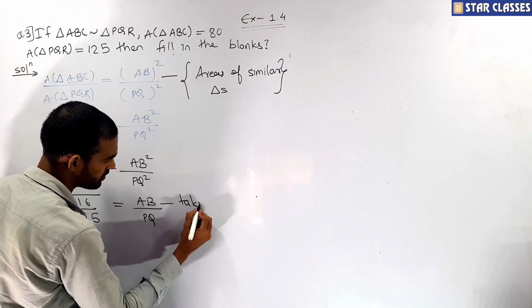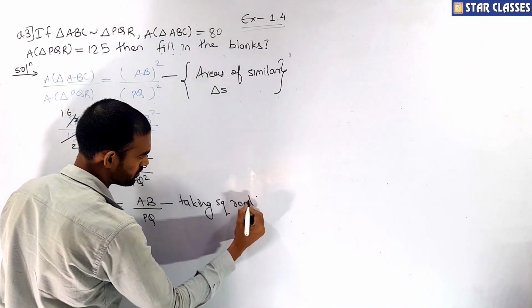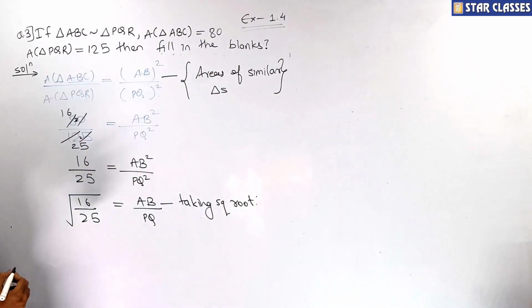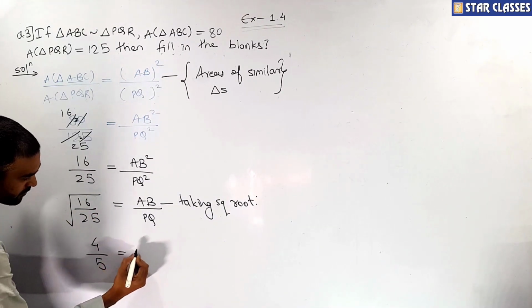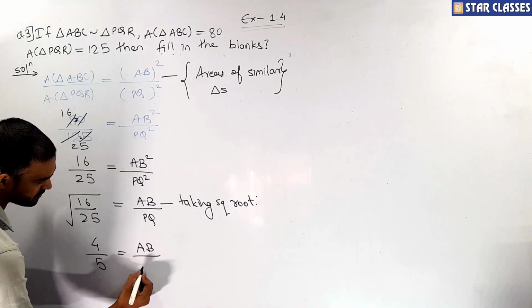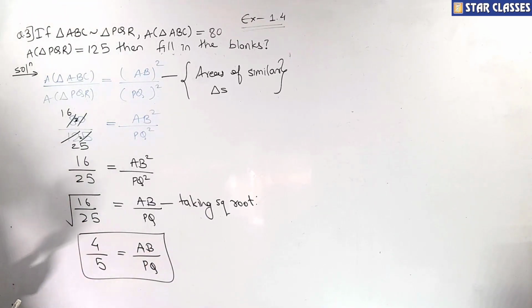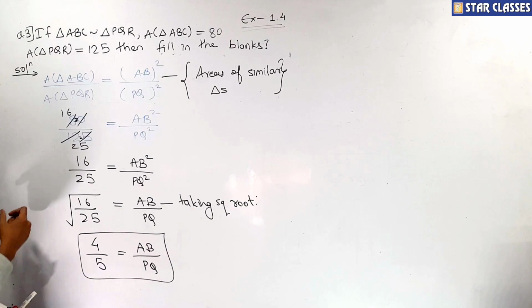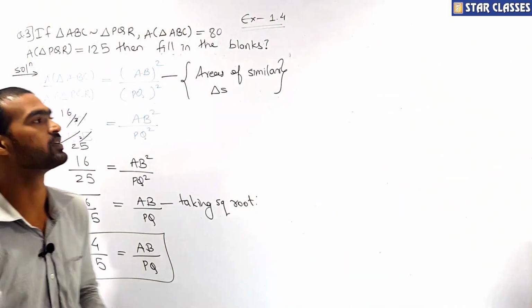Here we'll write taking square root. Right, students? So the square root of 16 will give you 4 upon 5. So this will be your final answer: AB upon PQ is equal to 4 upon 5. This is your question number 3. I hope you all have understood this solution.